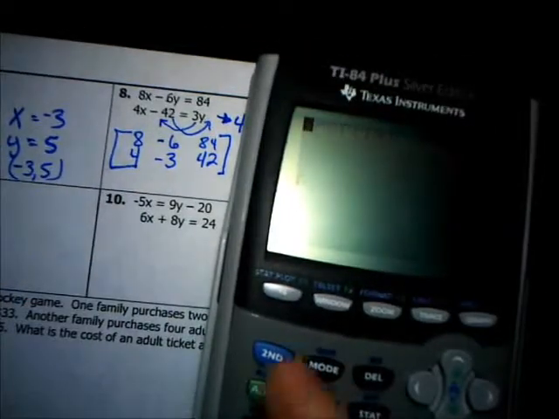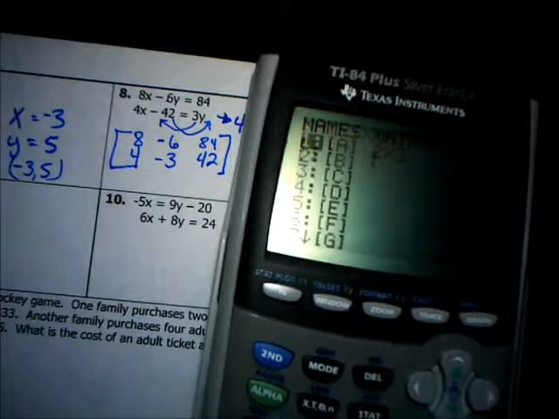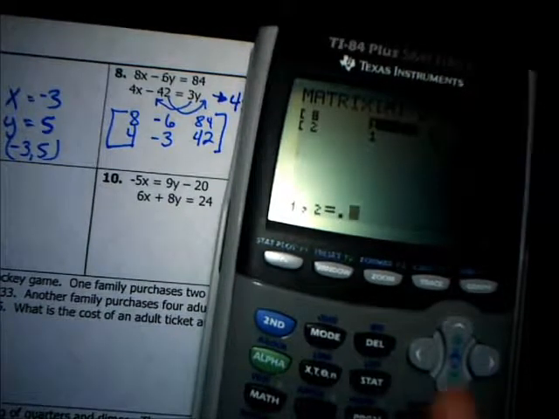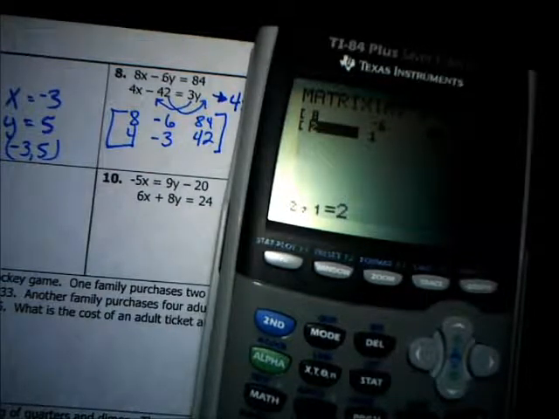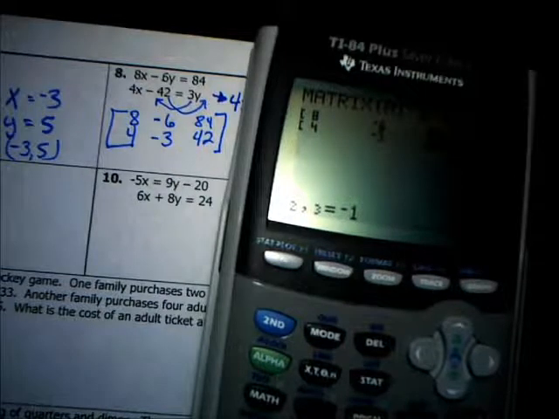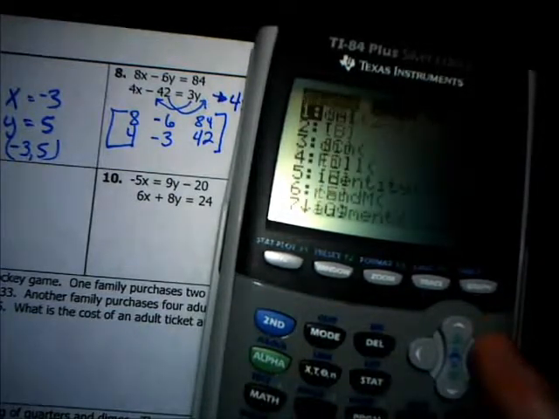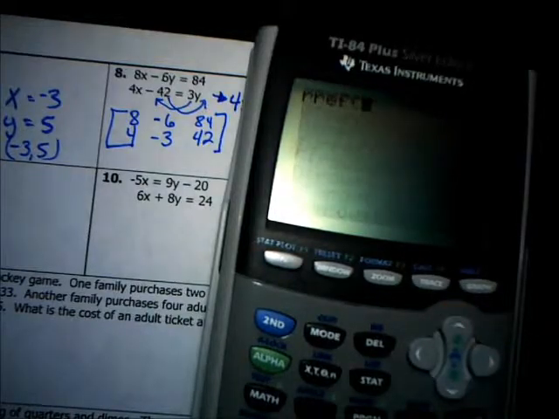Alright, so let's put it into our matrix. So this will be 8, -6, and 84. 4, -3, and 42. Go back to your B option and enter it.